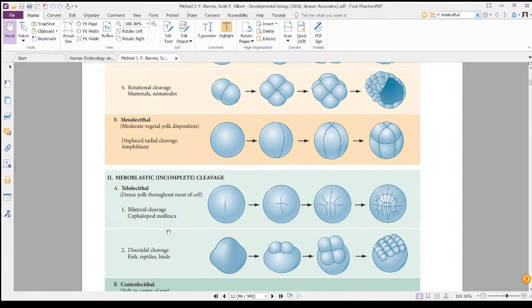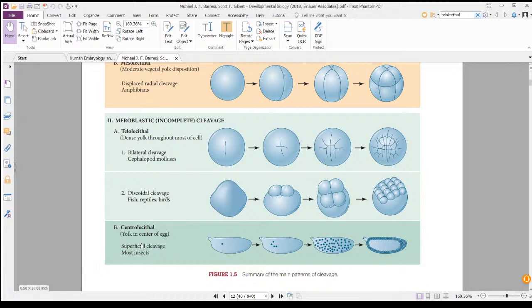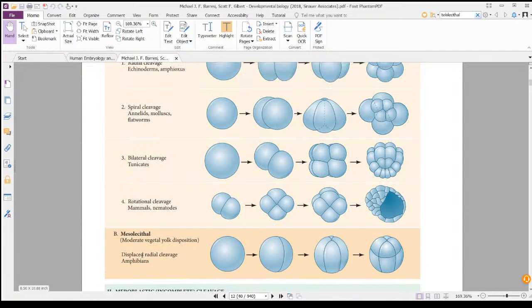Then we have meroblastic cleavage. Under meroblastic we have telolecithal, with bilateral and discoidal cleavage, which has dense yolk because they lay eggs. And centrolecithal, again dense yolk but at the center, in most insects. So this is the entire phenomenon governing holoblastic and meroblastic, complete and incomplete cleavage.